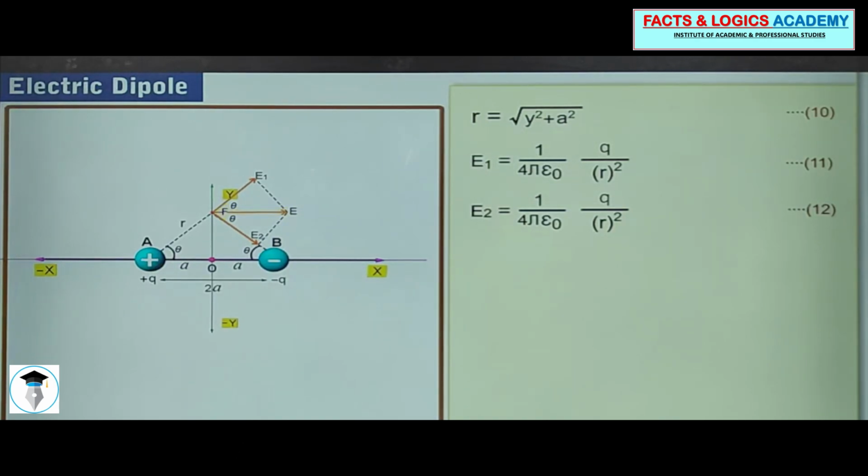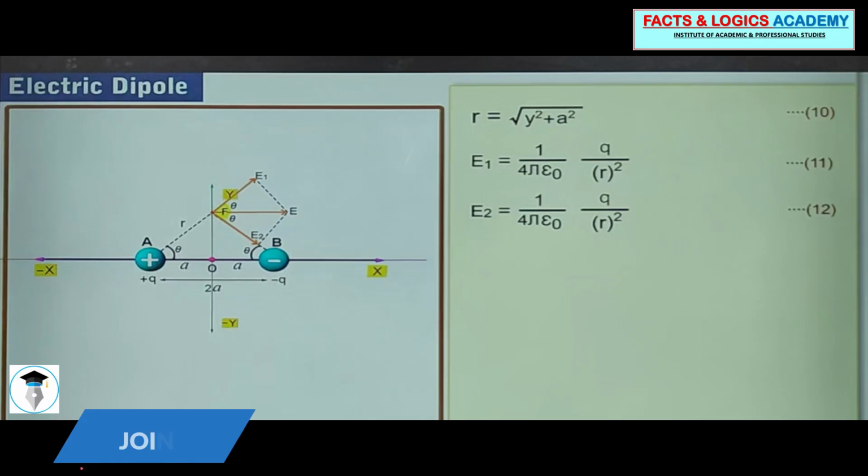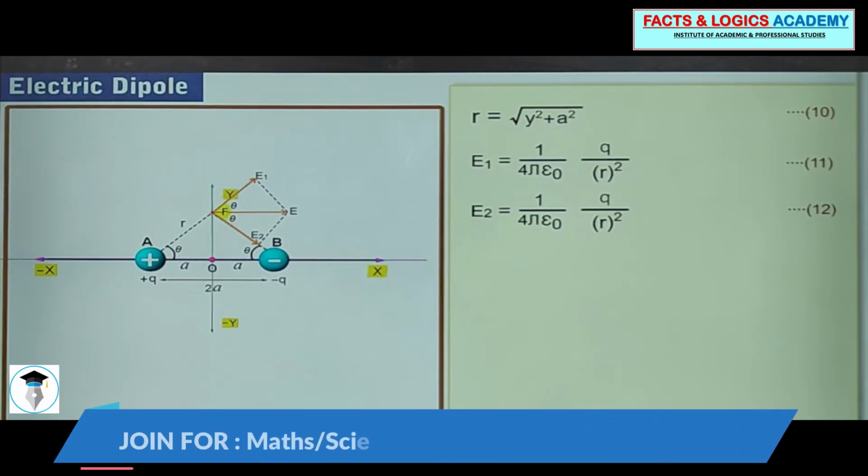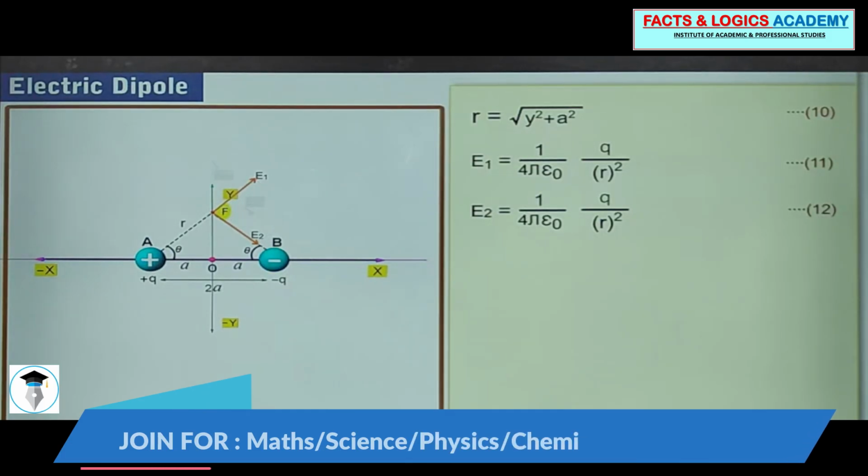Let us consider the components of E1 and E2 along the x and y axes to find the magnitude of the resultant electric field at the point F. The components of E1 along the x and y axes are E1x and E1y respectively, and the components of E2 are E2x and E2y as shown.